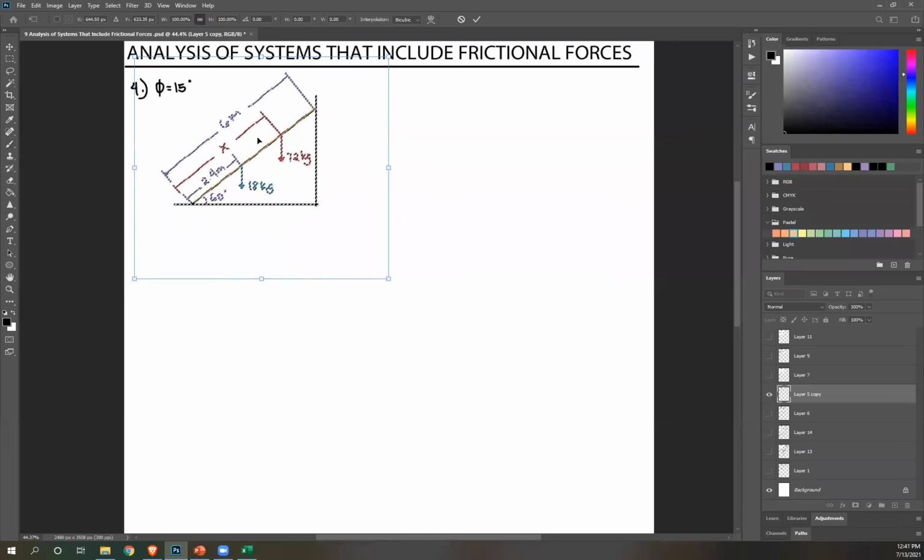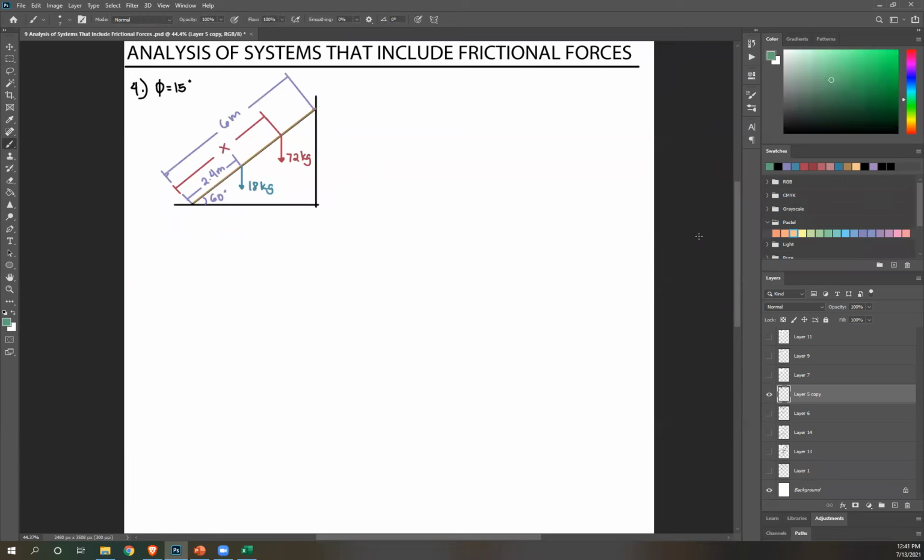Well, first, we're going to figure out your reaction forces. So here we have objects in contact. And remember, whenever you have objects in contact, there's friction and normal force. Normal force perpendicular to the surface. And then let's call this point A. Okay, so this is NA.